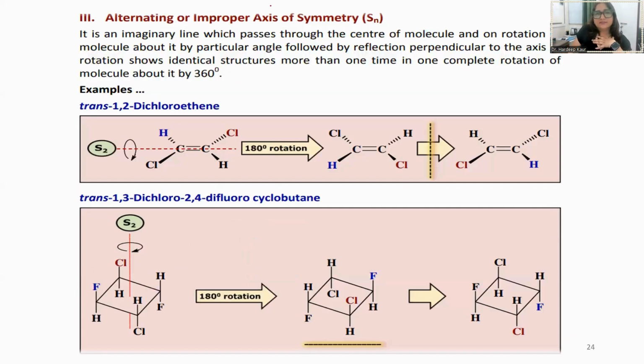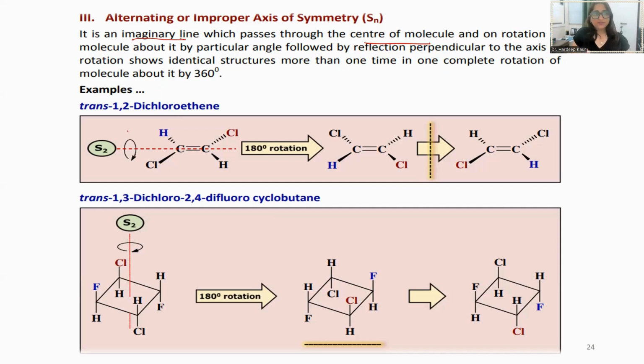Okay. Another is the improper axis of symmetry, or alternating or improper axis. So basically it is also an imaginary line which passes through the center of the molecule, and on rotation by a particular angle, followed by reflection perpendicular to the axis of rotation, it shows an identical structure more than one time in one compound by 360 degrees.